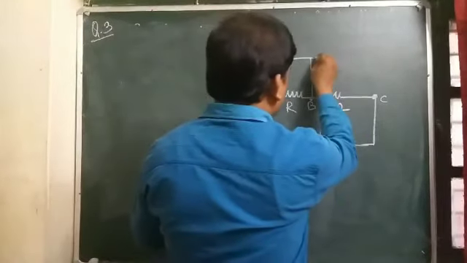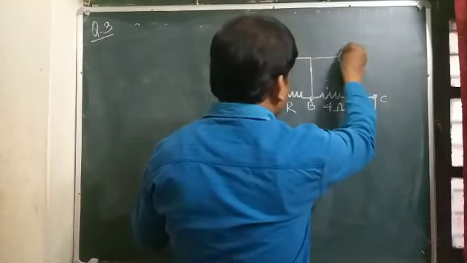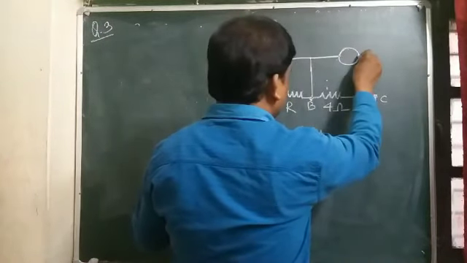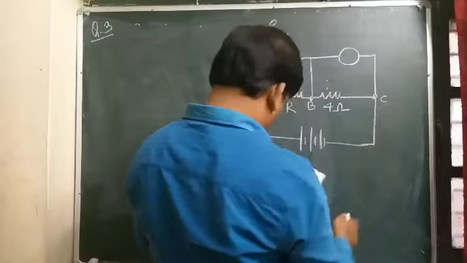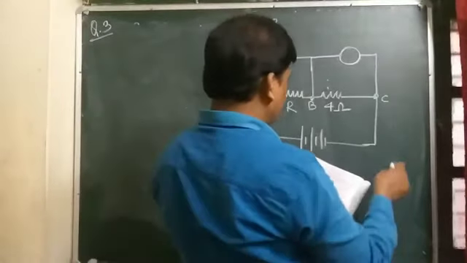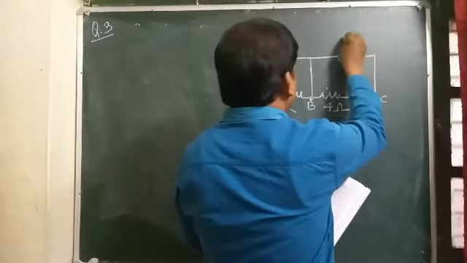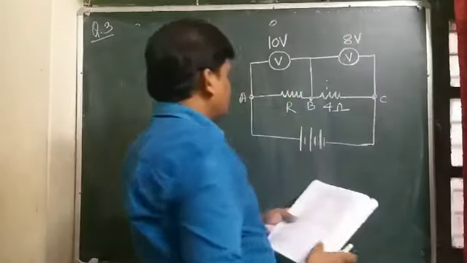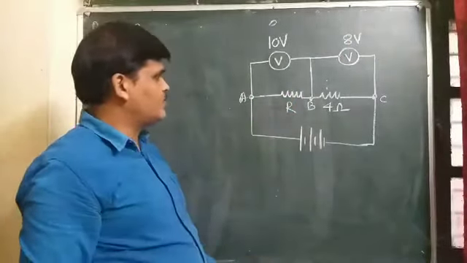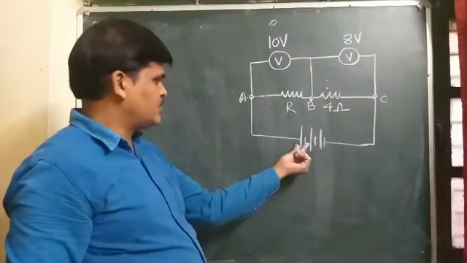And another voltmeter is given in this circuit, which reads 8 volt. So this is the circuit diagram of the given question.